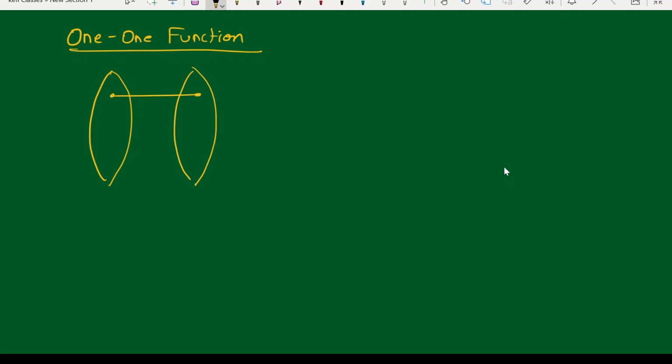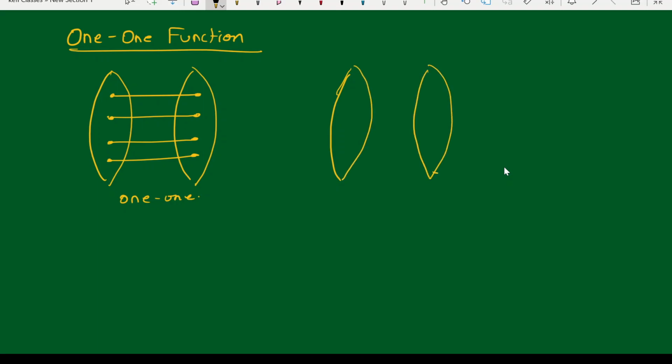Every element has one image, and every pre-image also has only one image. So like this is a 1-1 function. Okay. Whereas if you consider this function, in this case, this is not a 1-1.